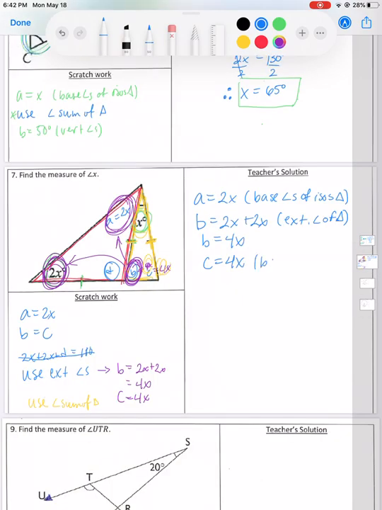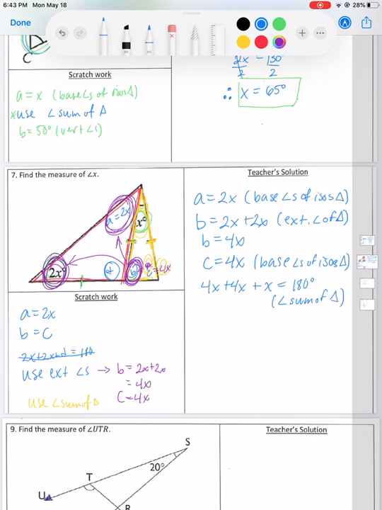Once we have that, we can add the 4x plus the 4x plus the top angle x in that yellow triangle, set that equal to 180 from angle sum of triangle.